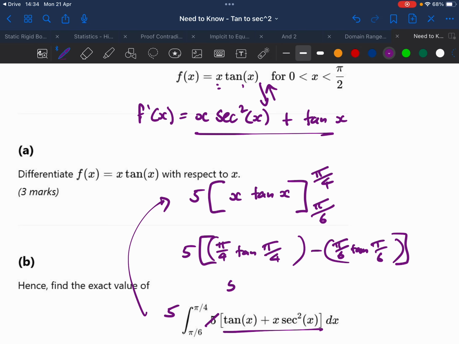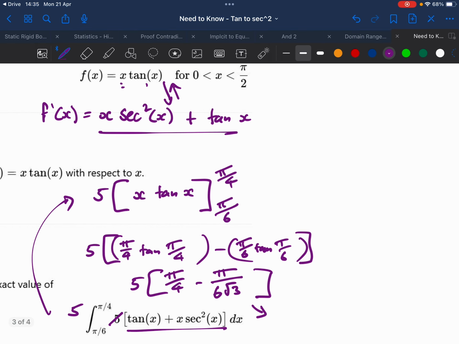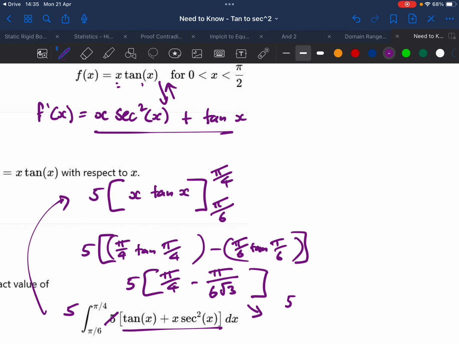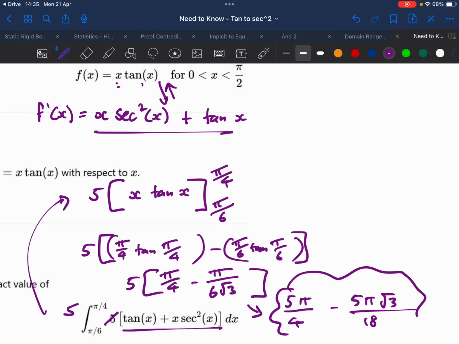If you do all of this, you should get 5, and inside the brackets, I believe the equivalent is pi over 4 minus pi over 6 root 3. There are a couple of ways of writing it, and I'm going to write it in this form. And you get your final answer, which is 5 pi over 4 minus 5 pi over 6 root 3. We could rationalize it, and if we rationalized it, we would get this result here.